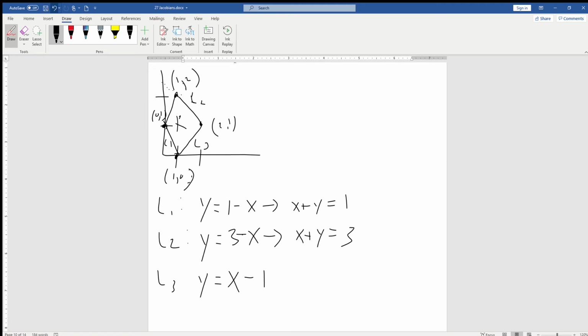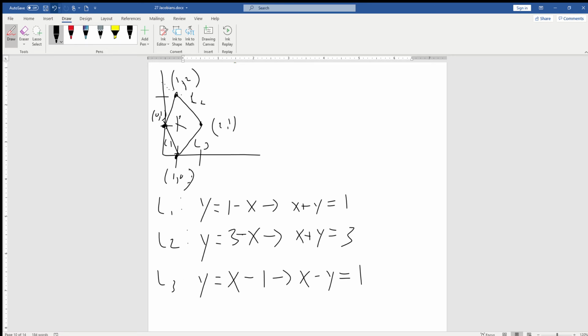Again, we could just substitute that very easily to find line 3. Another way to write this would be x minus y is going to be equal to 1. So what we did was add 1 and subtract y.